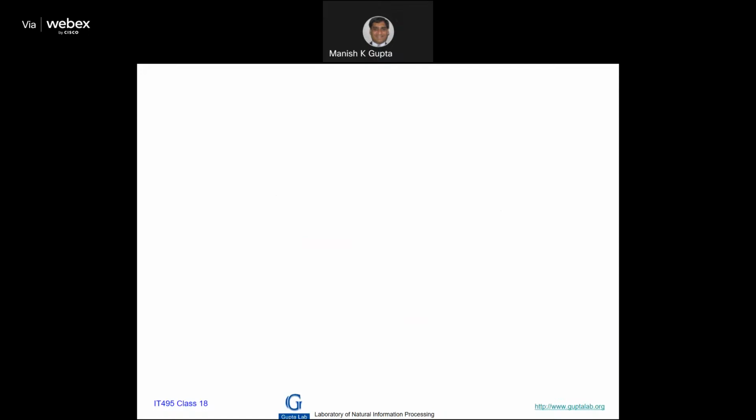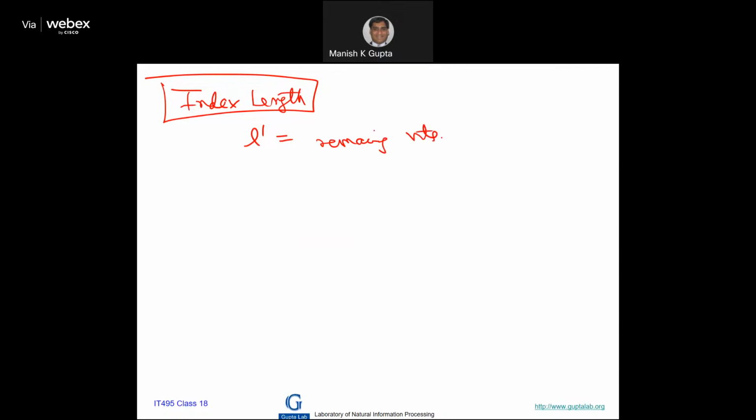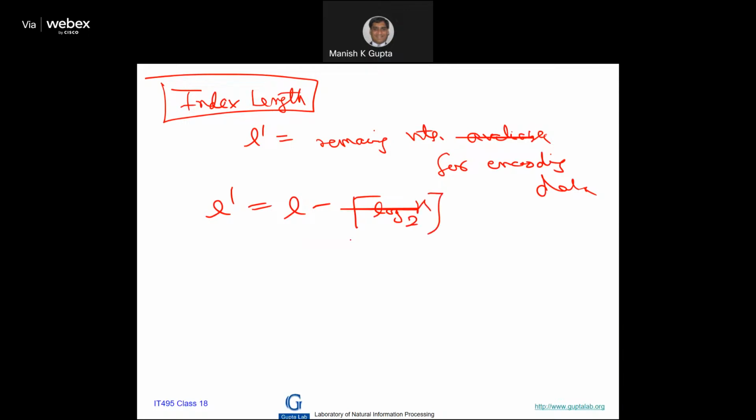Okay, now another important thing is index length. I have ignored index length. That also contributes to the potential, right? Suppose L prime is the remaining nucleotides available for encoding data. So L prime is equal to L minus log 2 base K divided by D actually.